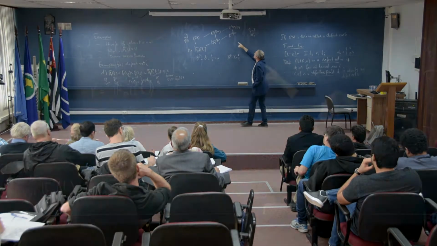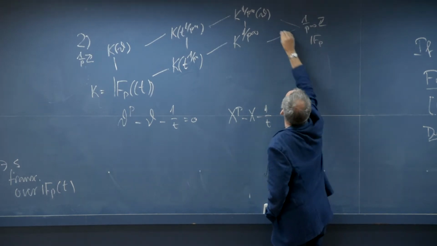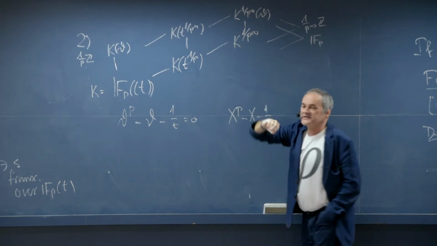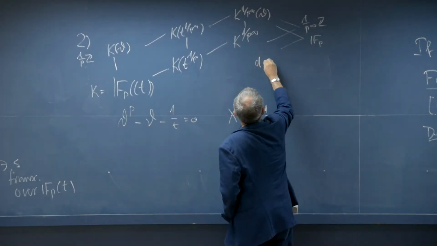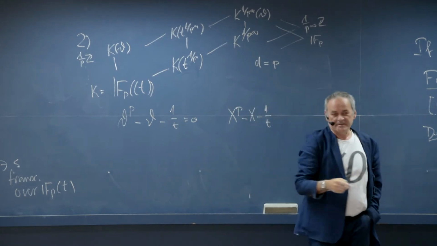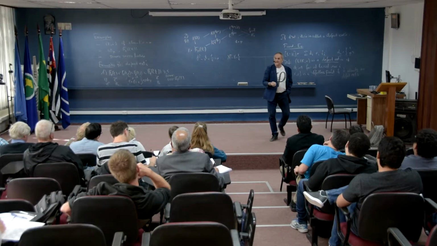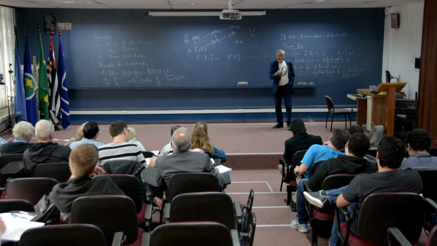So here the value group is the same. This is the value group for both of them, and this is for both of them. So the extension is immediate, so the defect is p. And you see the defect appears through a separable, namely an Artin-Schreier extension over a perfect field.